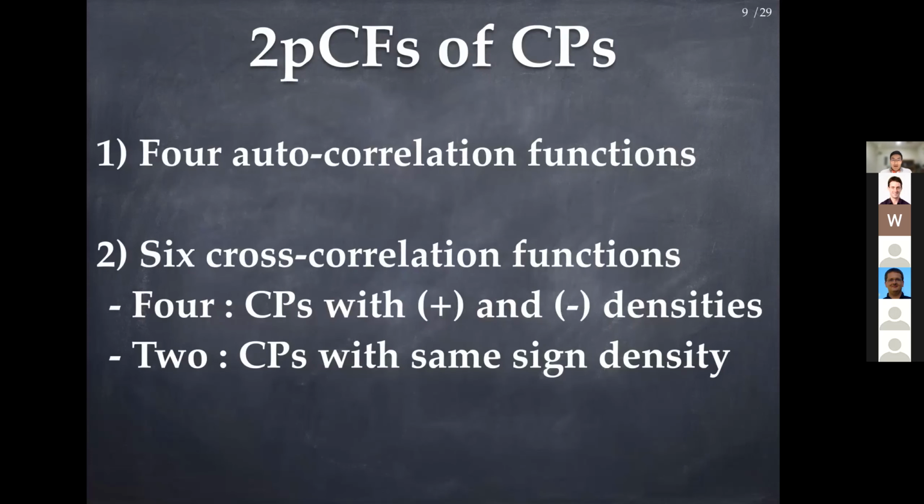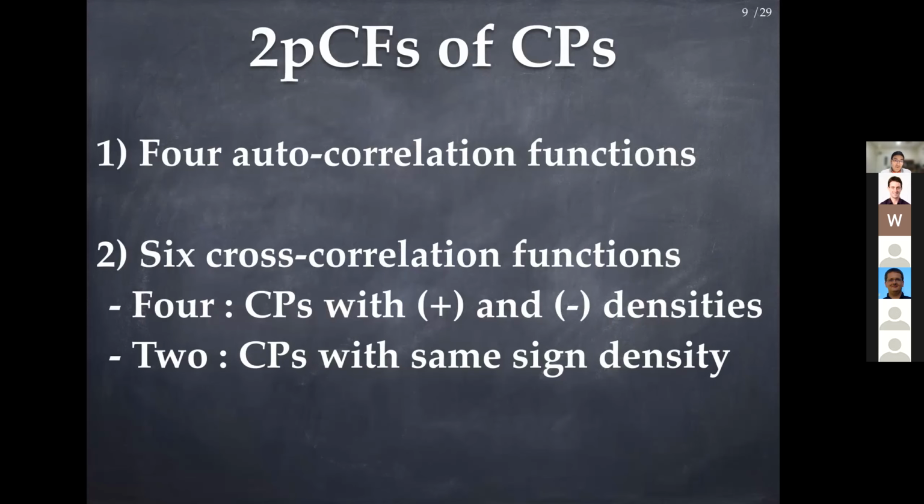So now we're going to use these critical points to measure the 10 types of correlation functions, with 4 being autocorrelation functions with critical points of the same type, and 6 cross-correlation functions having different types of critical points.